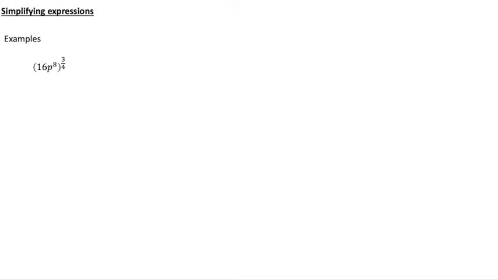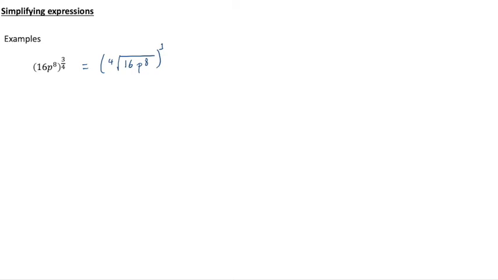But now we'll look at some examples. So here we've got 16p to the power of 8, all to the power of 3/4, and there are different ways of tackling these questions, so this isn't the only way to do it, but it's one way to do it. Very often with fractions, the best thing to do is to split it: the bottom of the fraction is going to give you the root, and the top of the fraction is going to give you the power.